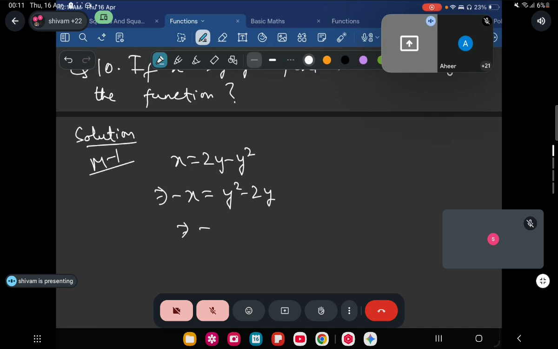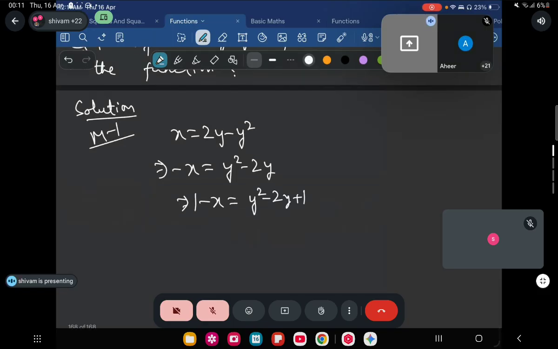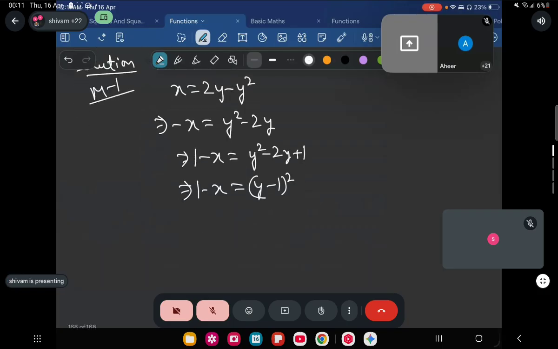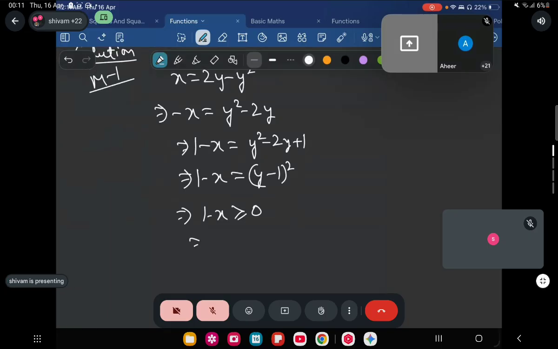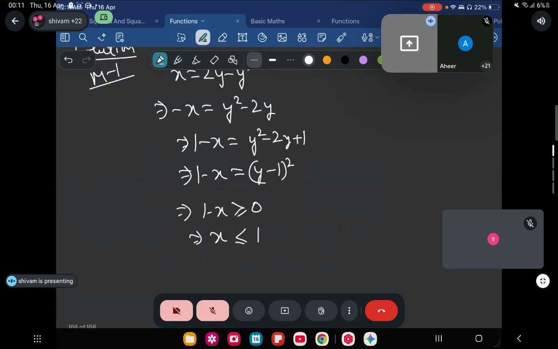This implies minus x is equal to y square minus 2y plus 1, and let us add 1 on the left hand side also. This implies 1 minus x is equal to y minus 1 whole square. Now, perfect squares are always greater than or equal to 0. This implies 1 minus x is greater than or equal to 0, so x is less than or equal to 1.